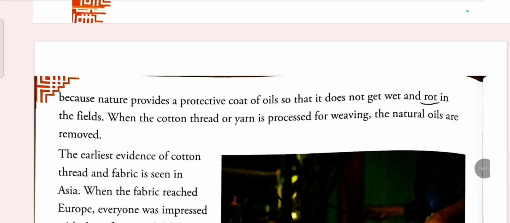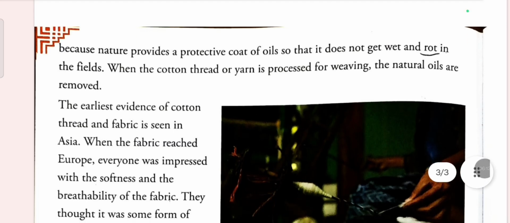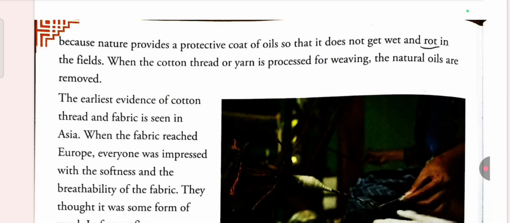That is because nature provides a protective coat of oil so that it does not get wet and rot in the fields. So nature has provided a protective coating of oil on the cotton plant so it doesn't get wet when it rains, and it doesn't get destroyed in the field.